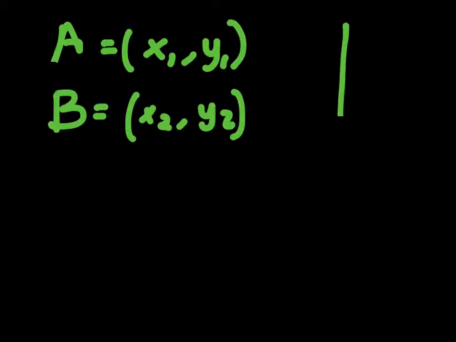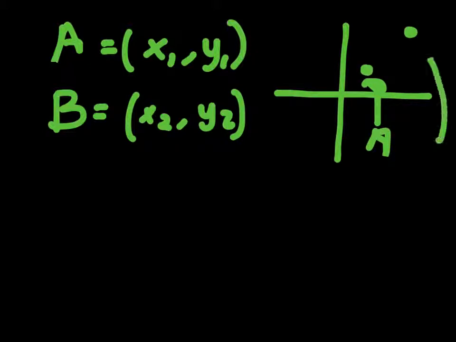So let's take a graph. So that is A, and that is B. And we want to know the exact middle point on the imaginary line that could be drawn from A to B. So to do this, we have an equation called the midpoint formula.